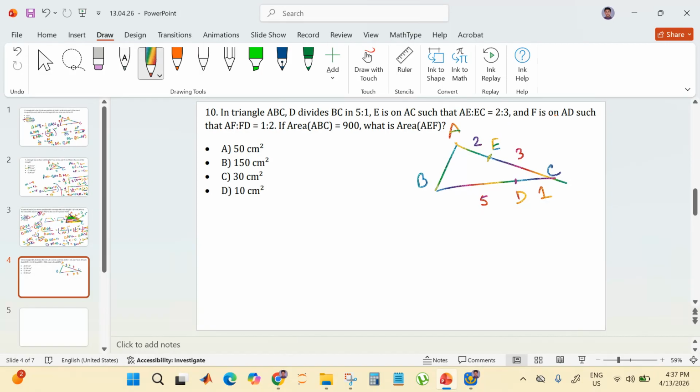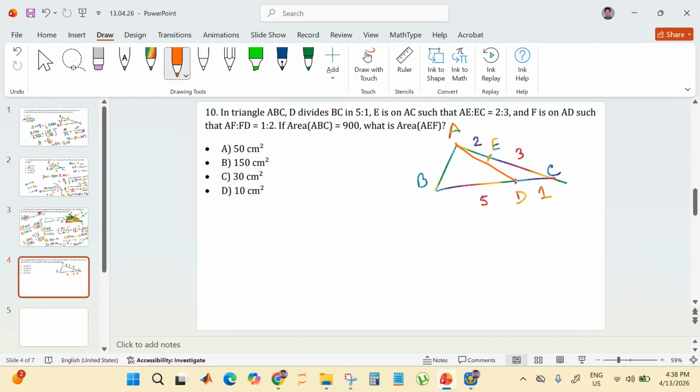And F is on AD such that AF is to FD is 1 is to 2. Okay, sorry. F is on AD. AD means you have to draw it.